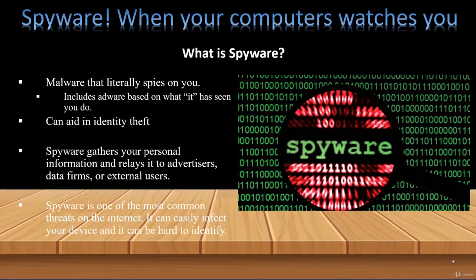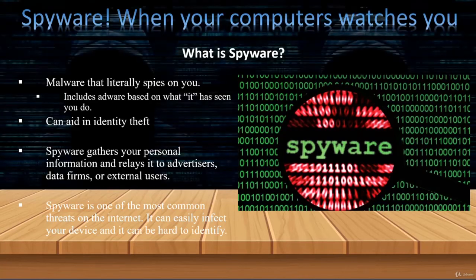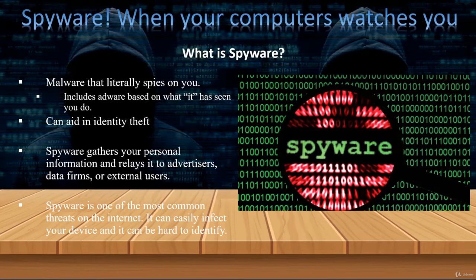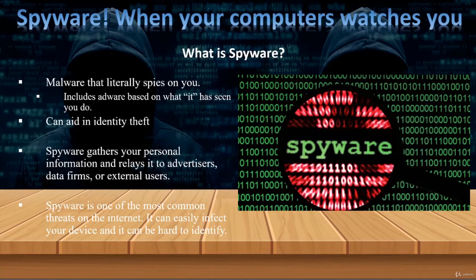Spyware raises the bar by aiding in identity theft. While, like adware, it gathers information on your habits, it relays that information to advertisers, data forums, or questionable external parties. Spyware is one of the most common threats on the internet and is difficult to identify and can easily affect your device.